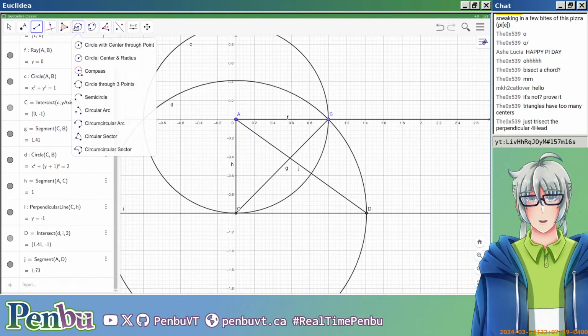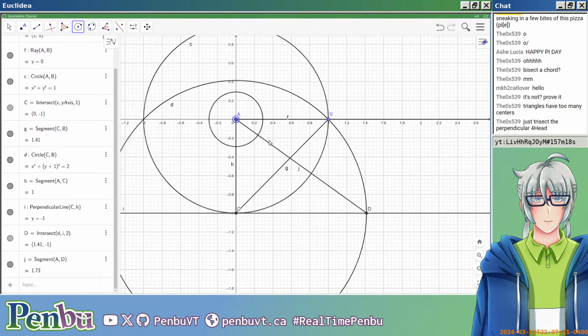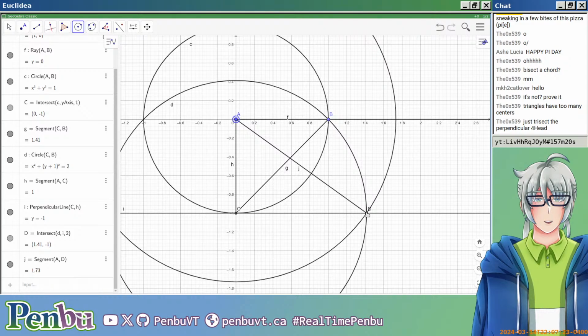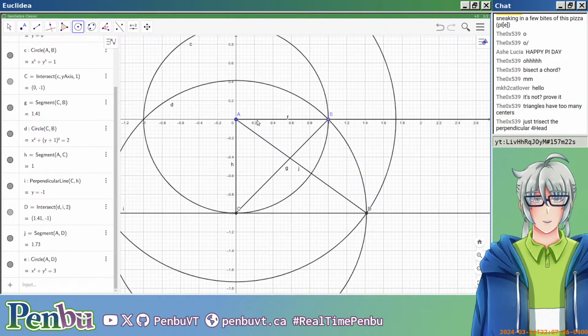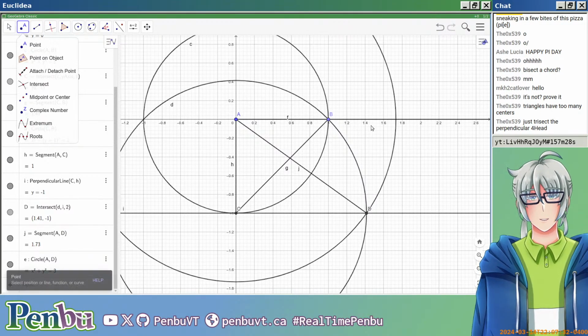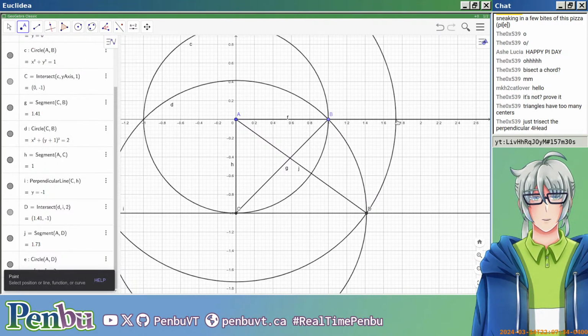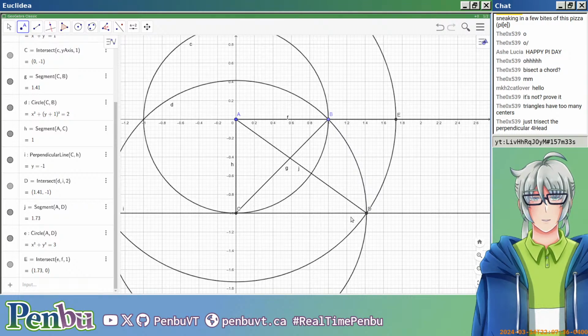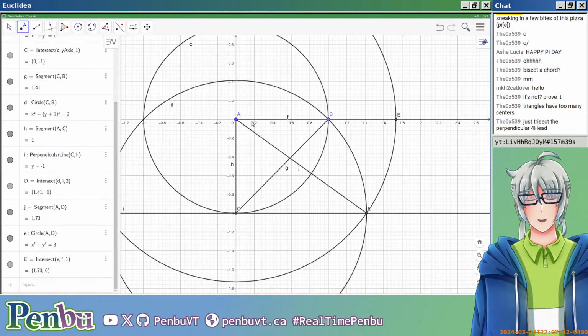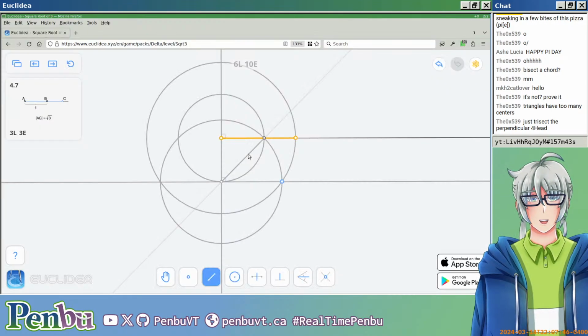And then we can just draw another circle from here to that intersection point. And because of the circle, on this ray, this point here is the same distance away as this, which means this is also the square root of 3 away from A. A little bit involved.